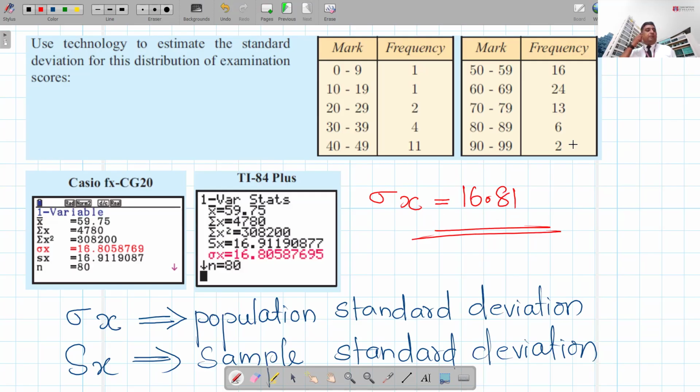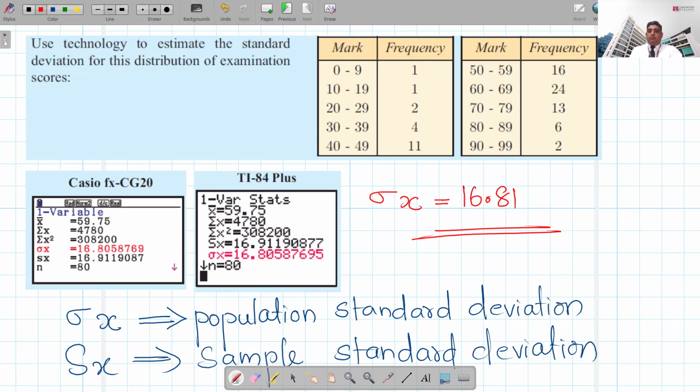Is that clear? I hope all of you are clear about this. So this is the standard deviation in this case if you consider the population standard deviation.